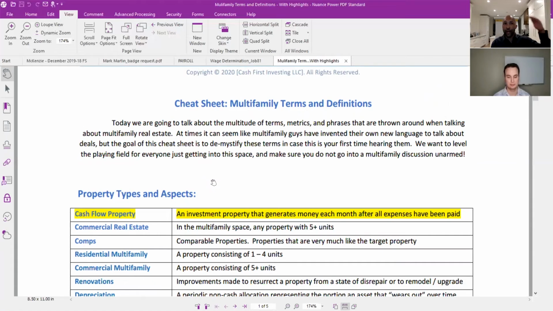So that means you have $1,000 in rent, $500 a month in expenses. That means you have cash flow of $500, right? And that's for each unit. So then you'd multiply that by 100. But that means there's this cash flow over and above your expenses that are being paid. So that's what a cash flowing property is.